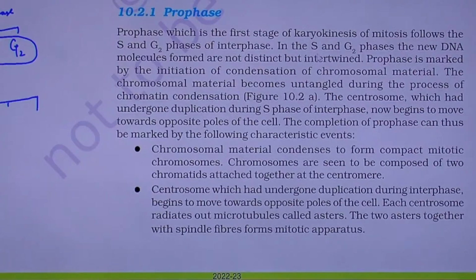In the S and G2 phases, the new DNA molecules formed are not distinct but intertwined. In S phase DNA was replicated; DNA replication takes place in S phase and it continues into the G2 phase. The DNA is 4C in S phase and also 4C in G2 phase.